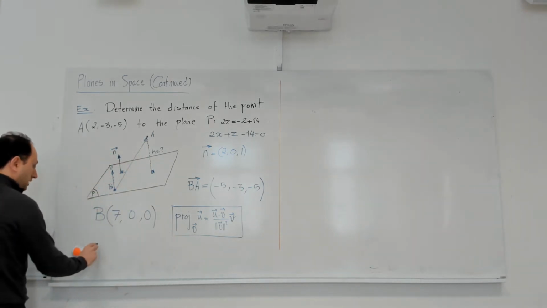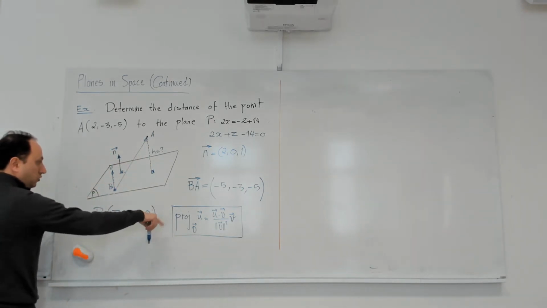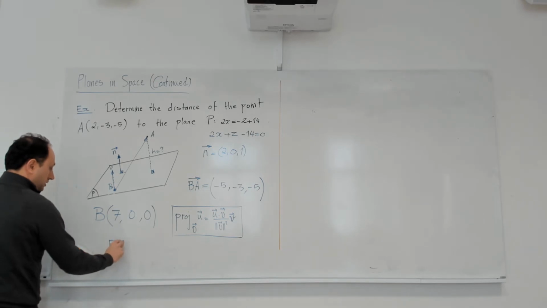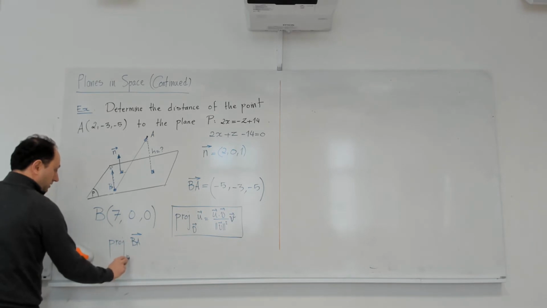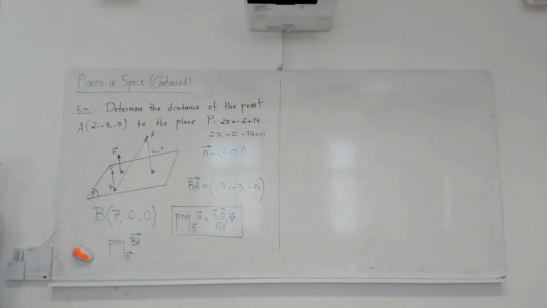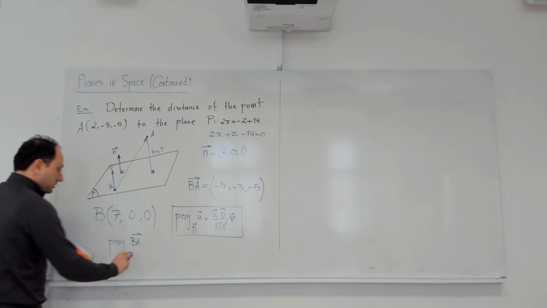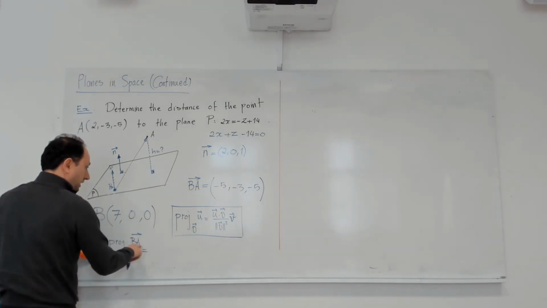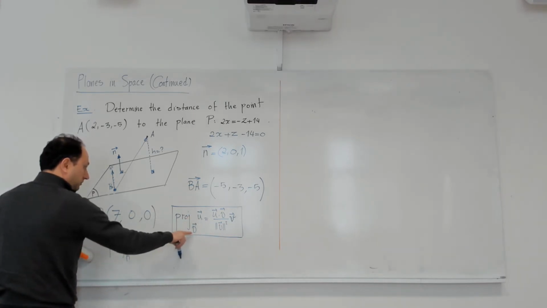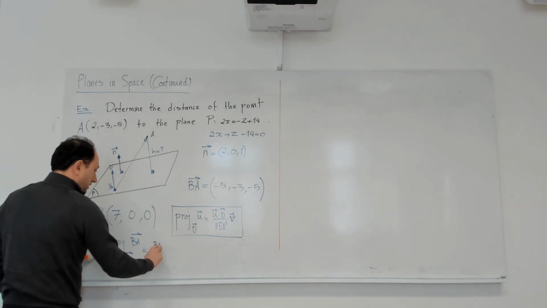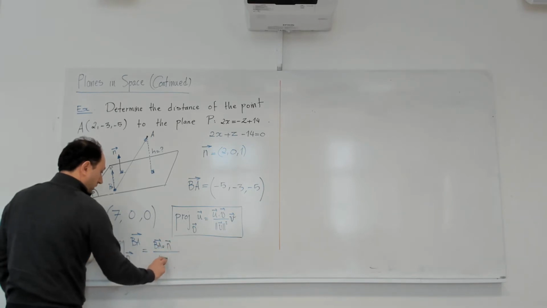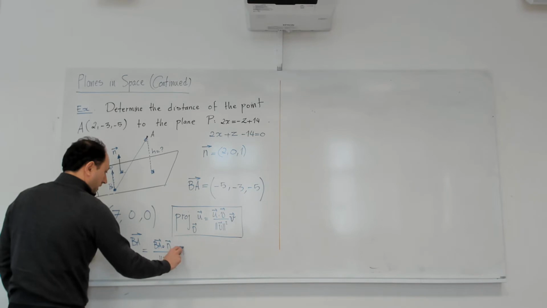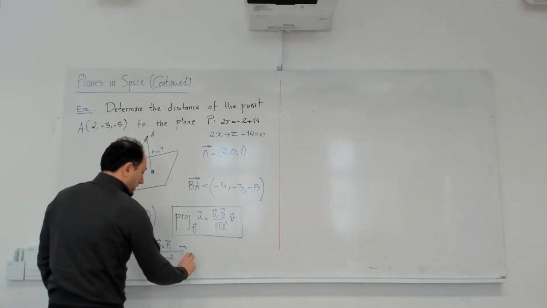Now here, you understand that the height is the norm of the projection of vector BA on vector n, the normal vector. If I calculate this, according to this formula, BA is playing the role of U, N is playing the role of V, so this becomes BA dot N divided by norm of N squared multiplied by N. But everything you can calculate.